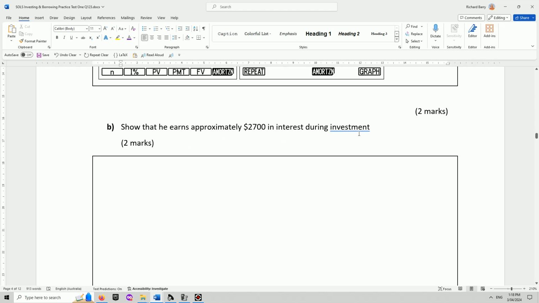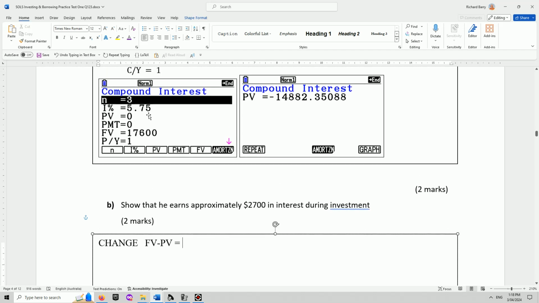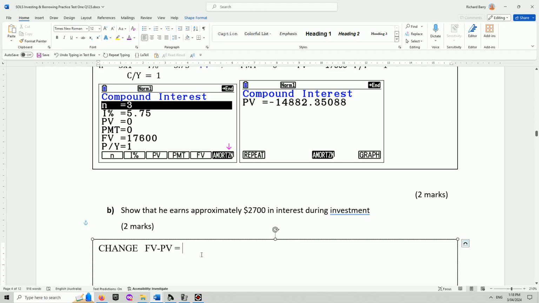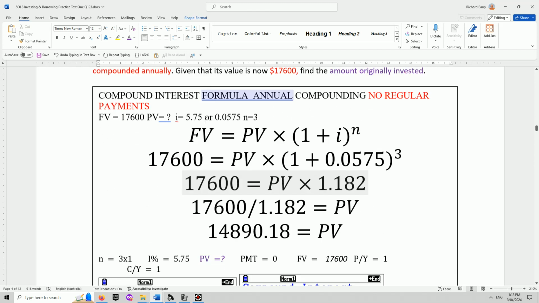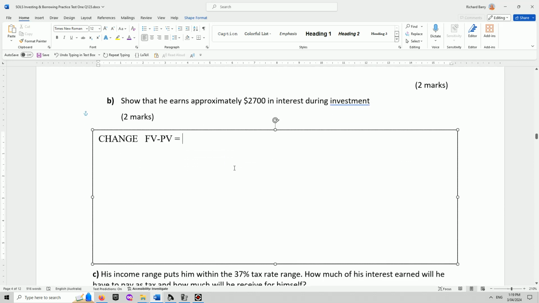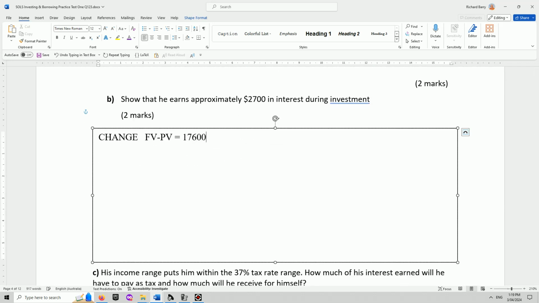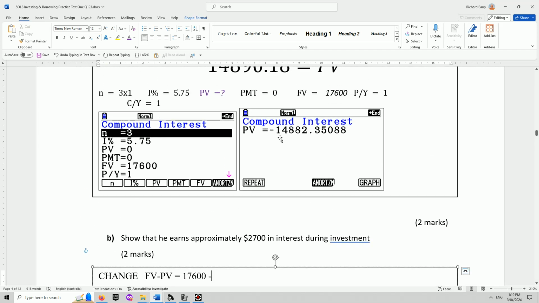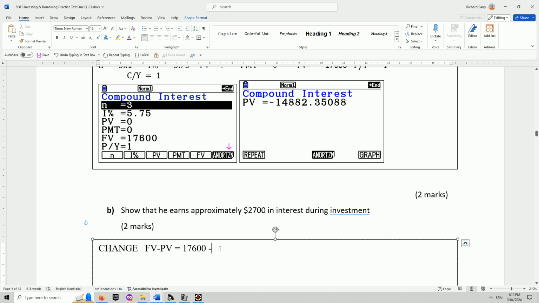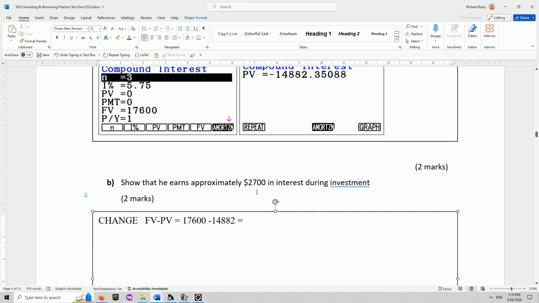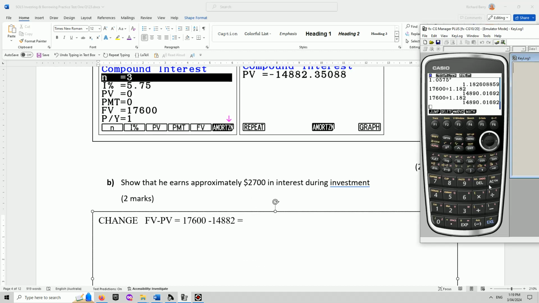Now, how much interest is the change, right? What is the change in this question? I reckon it's future value subtract starting value, or present value. So in this question I finish with 17,600, but I started with something close to 14,882. Let me hope that number is something like 2,700.